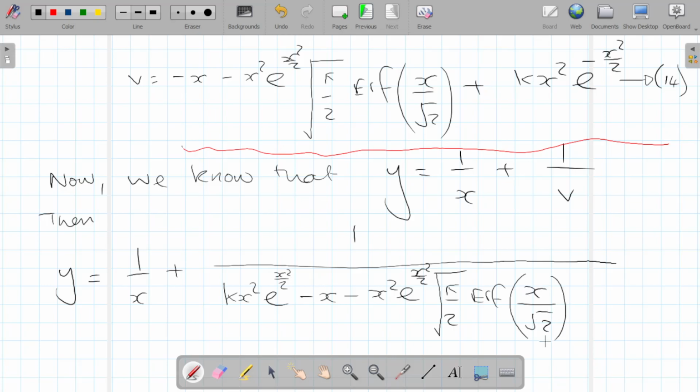And that is the general solution to the original equation.